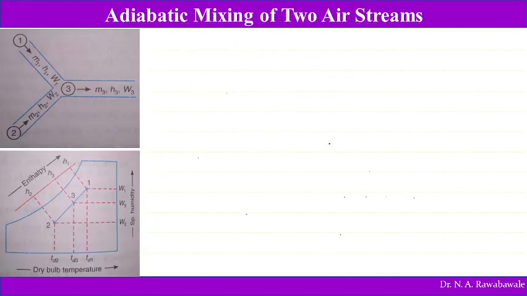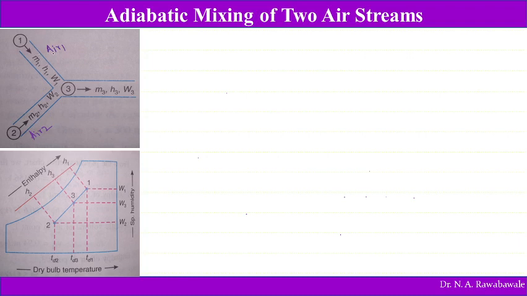Now we'll see adiabatic mixing. What is adiabatic mixing? Two streams of air, stream 1 and stream 2, having different properties.